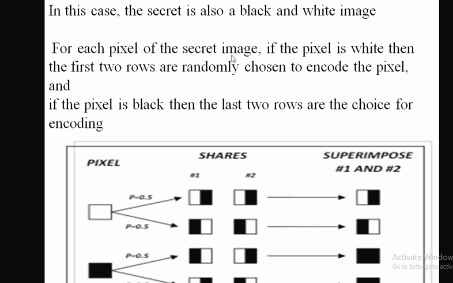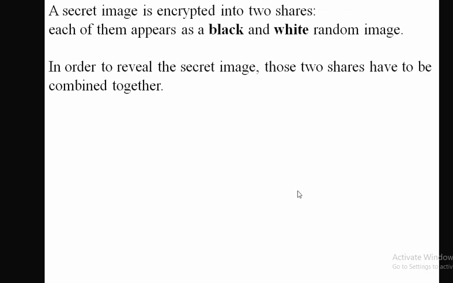For each pixel of the secret image, if the pixel is white, then one of the first two rows is randomly chosen to encode the pixel. If the pixel is black, then one of the last two rows is chosen for encoding, meaning encrypting. And the secret image is encrypted in two shares.